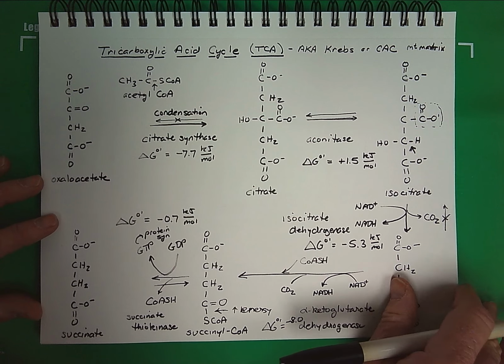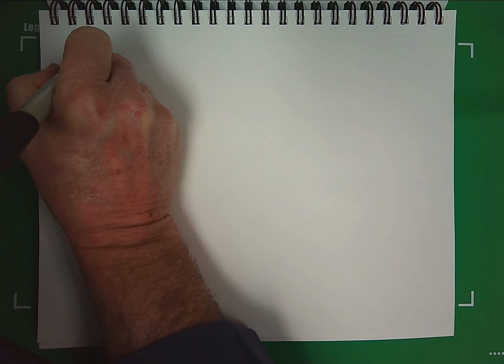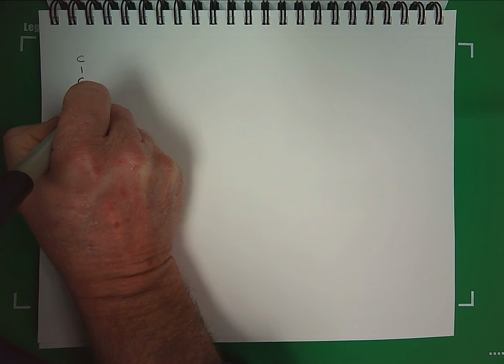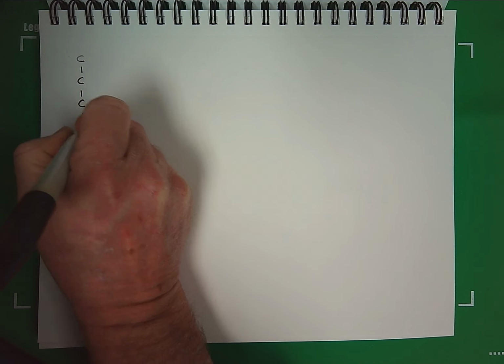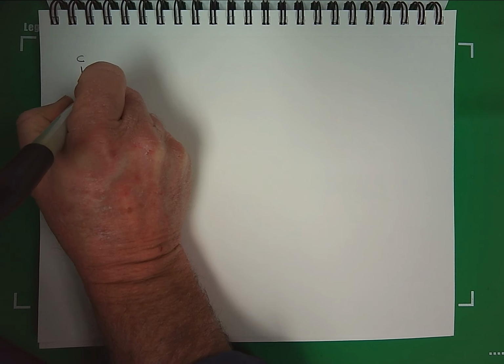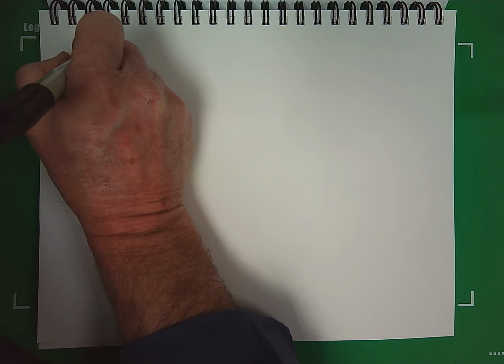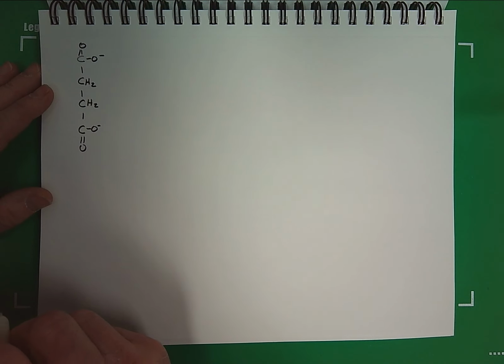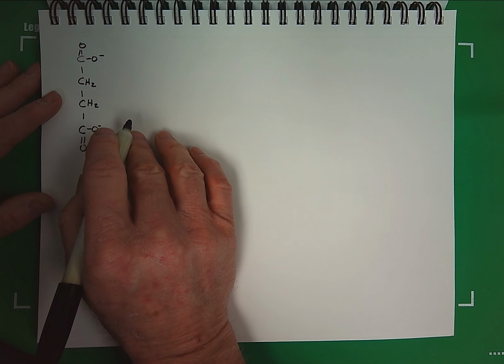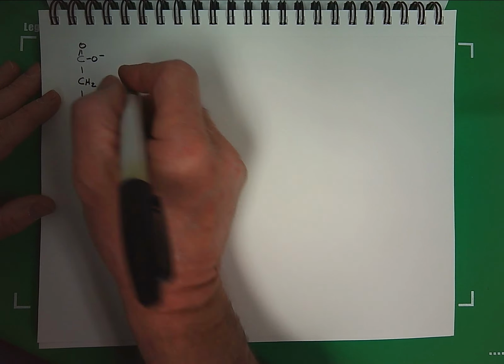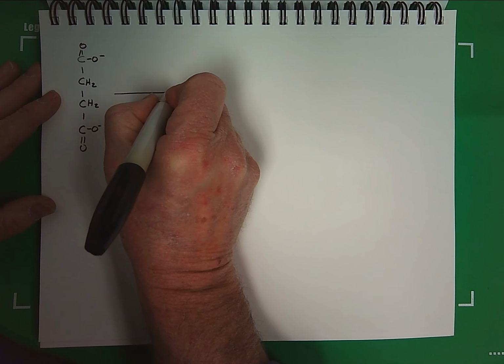So now let's move to the next page and continue processing our TCA ingredients, in this case, succinate. So here is our succinate molecule. And we are going to continue processing this until we get to oxaloacetate. So the next reaction here is going to be another redox reaction.